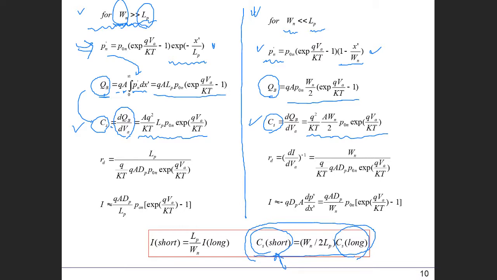When WN is much smaller than LP, the capacitance CS short is much smaller than CS long. So which means that for the same given bias, if you use the very short base structure, then its capacitance is going to be much smaller than the one in the regular PN junction diode.